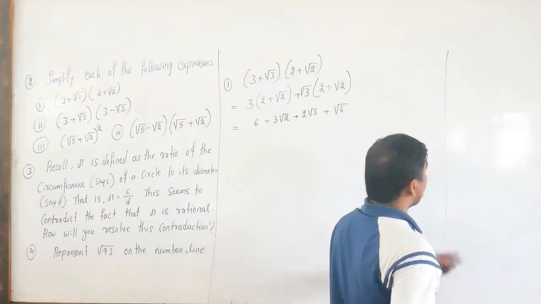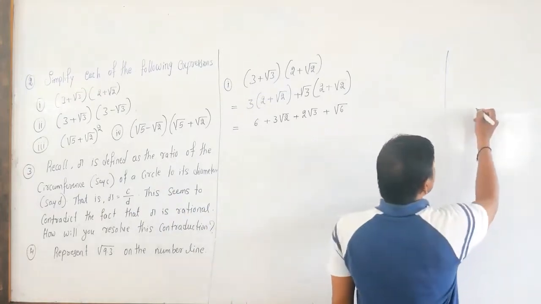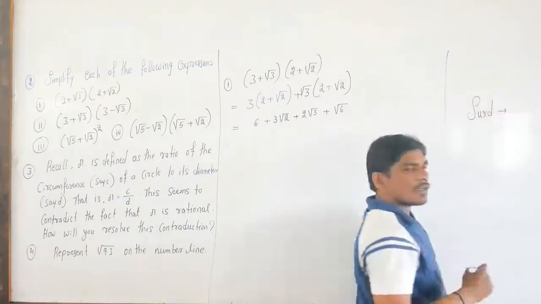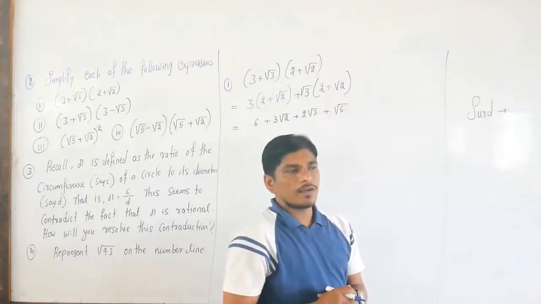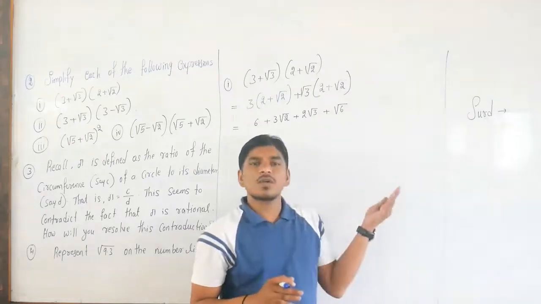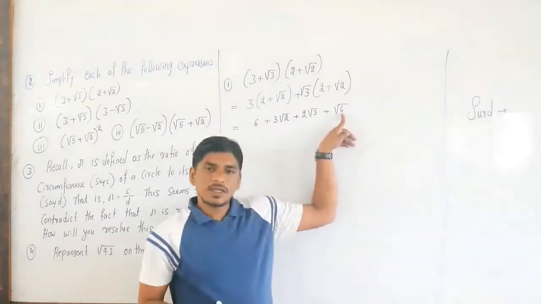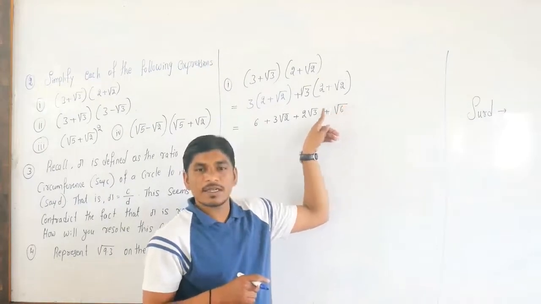The third concept I have to discuss, explain. Here, surd means the given numbers are in the form of an irrational. Now, the surd definition is irrational root of a rational number. Now, 6 is a rational, but root of 6 has a radical sign.